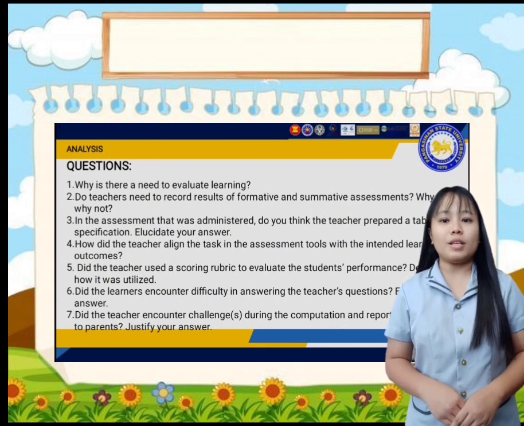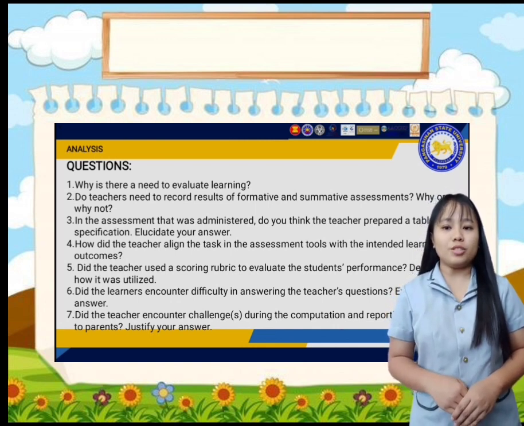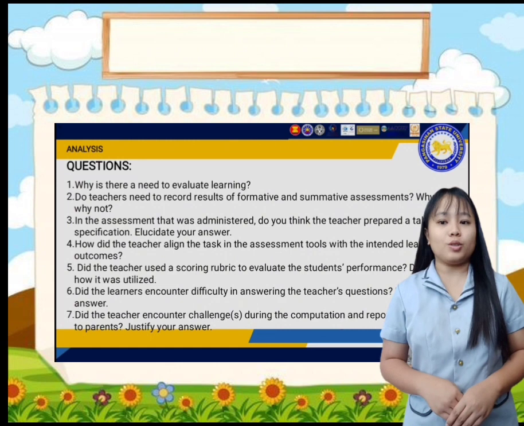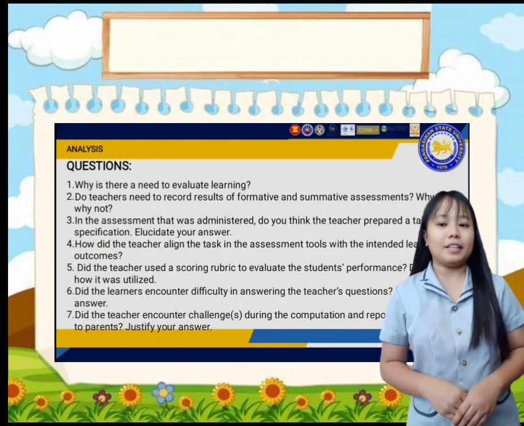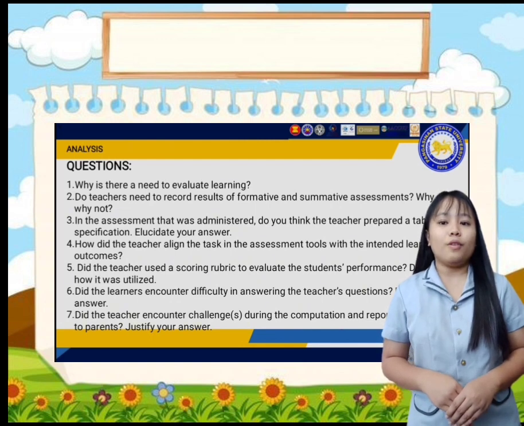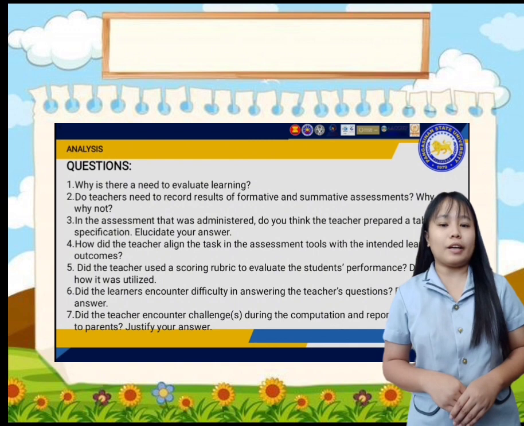Also, they always send proof regarding the learner's performance, activity, task or quiz, and exam with the use of messenger by sending video and pictures of learners' activities and giving feedback during the meeting and card day. And they are also using an e-class record for computing grades so it will automatically compute the grade of learners.